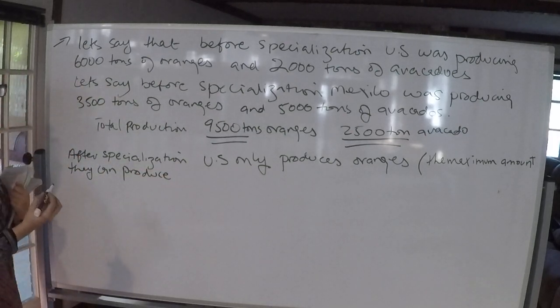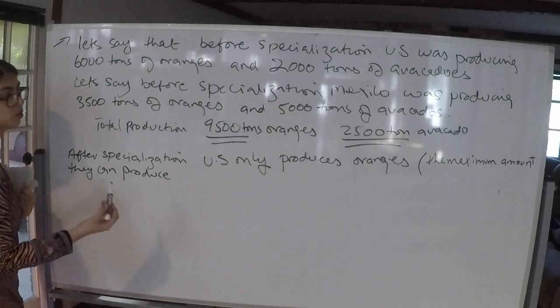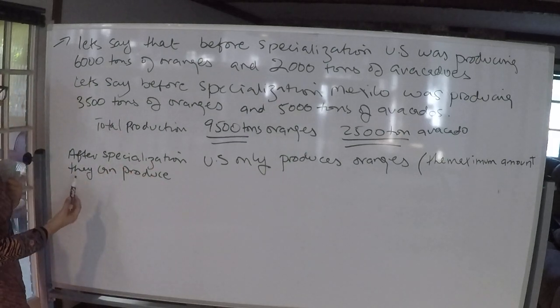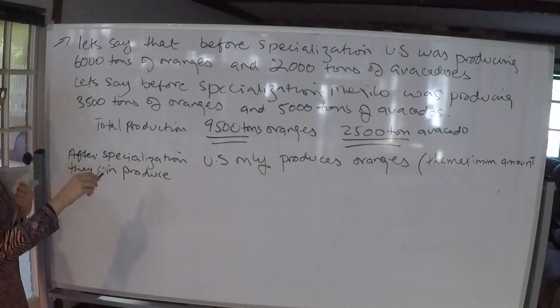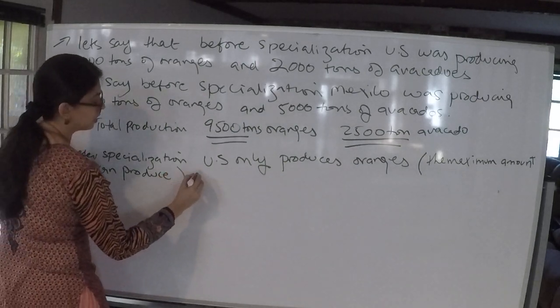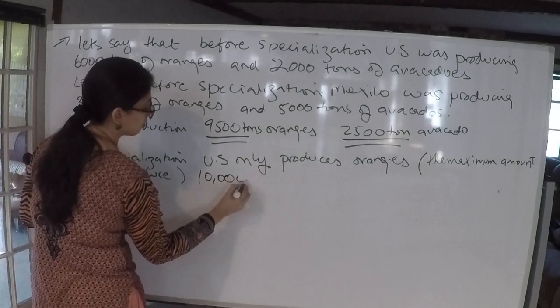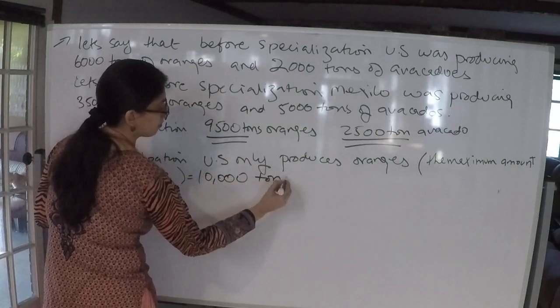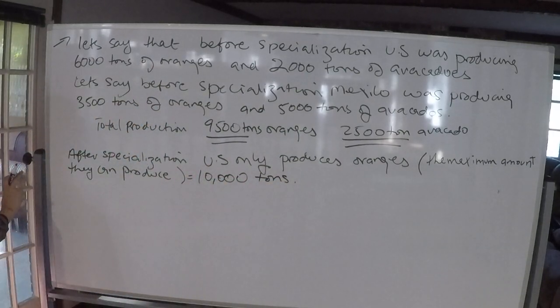So they use all their resources to produce the maximum amount of oranges they can produce because they have a comparative advantage in oranges. So 10,000 tons. And why is US specializing in oranges? Because it has a lower opportunity cost in producing oranges. It has a comparative advantage in it.